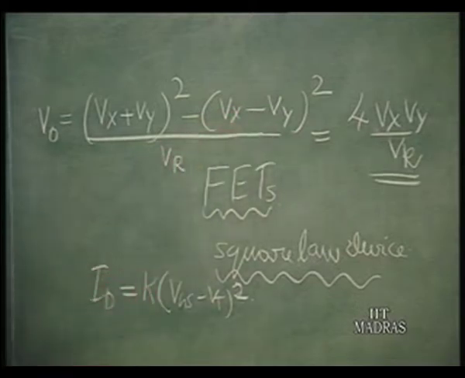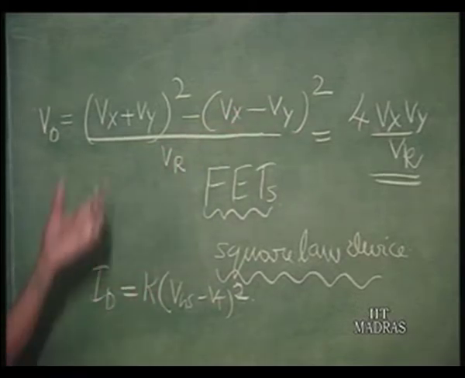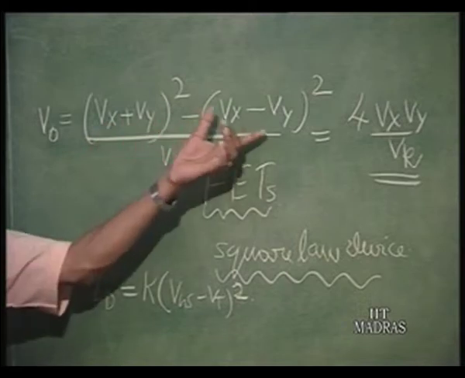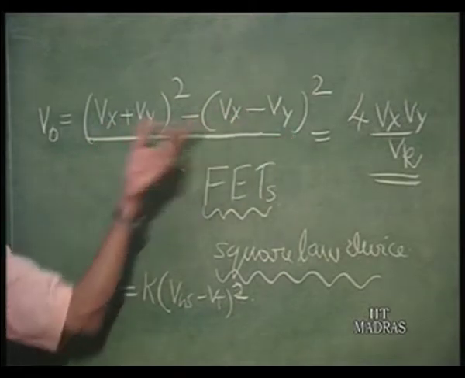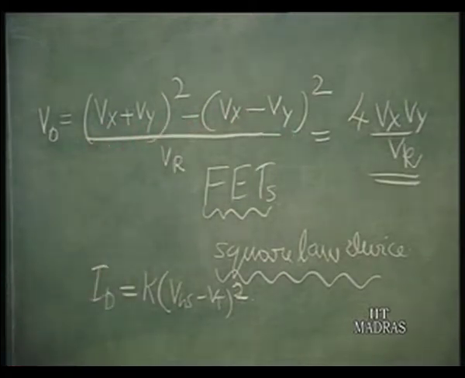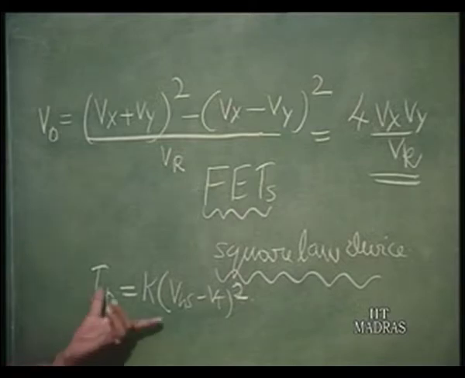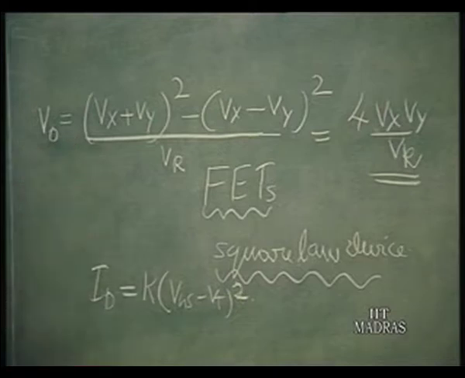The currents will be now correspondingly proportional to Vx plus Vy squared and Vx minus Vy squared, and then you can subtract the current by using a node. So, you can get a multiplier as an output. This is one method.